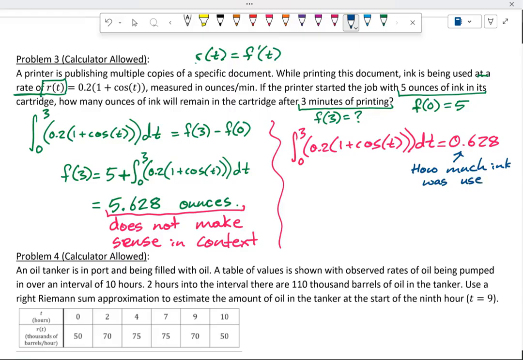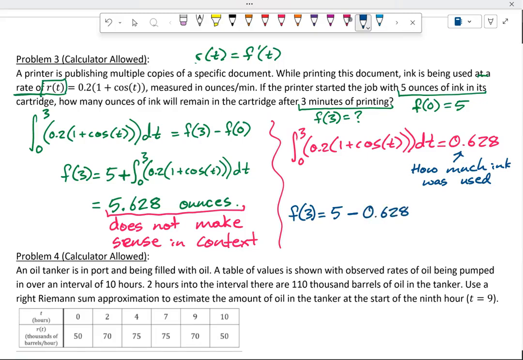So what would we have to do to correct this problem? To get the actual F of 3, what would we do? We do the same thing, but like I heard over there, 5 minus that integral, which I'm just going to write as the decimal 0.628.